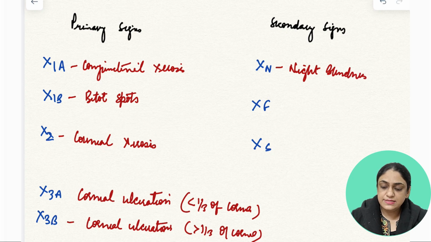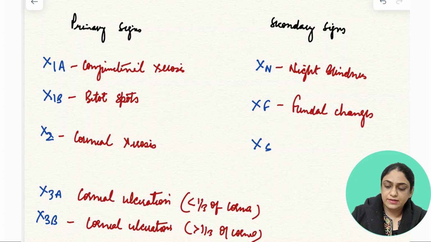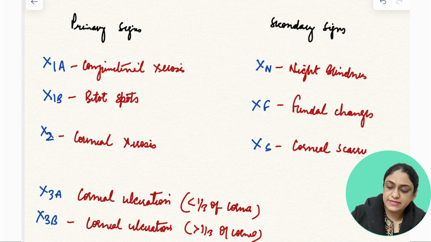What are the secondary signs? XN is night blindness, nyctalopia. XF is when the fundus is involved, so fundal changes. XS is corneal scarring.